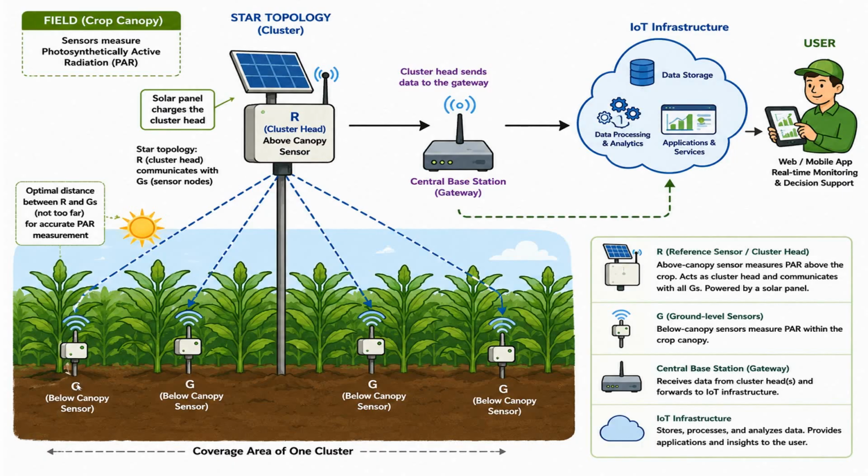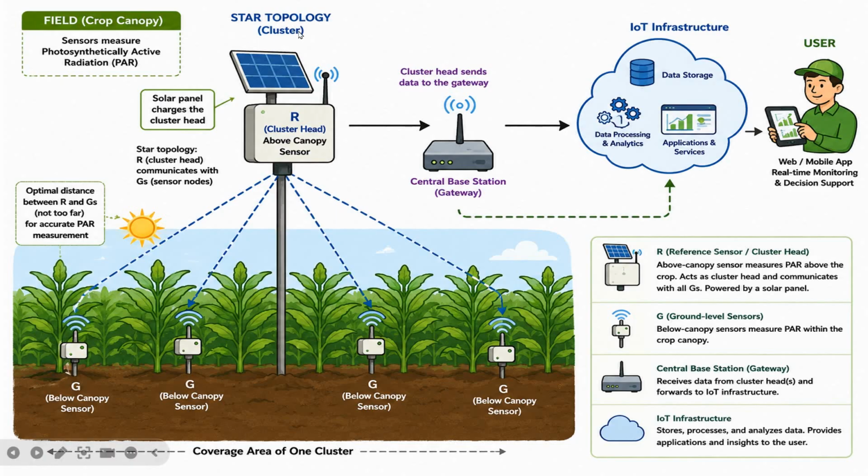Next are the multiple ground level sensors, which are represented by this G. These are placed below the canopy to measure the amount of light that penetrates through the leaves, and the distance between the R sensor, that is the reference sensor, and the G sensors, that is the ground level sensors, is maintained optimally in order to ensure accurate measurements.